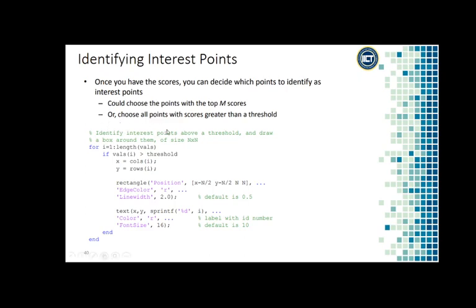We can run this code snippet, which draws a box around the scores. We use the values we have found, select the values greater than a threshold, locate those values, and draw a box.